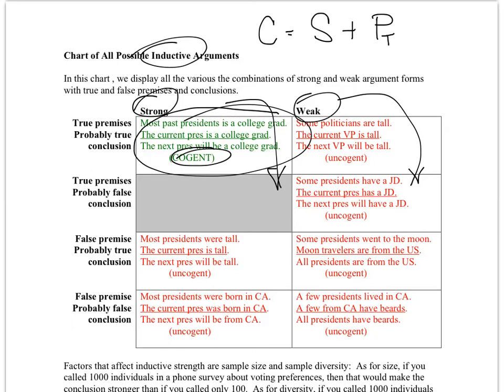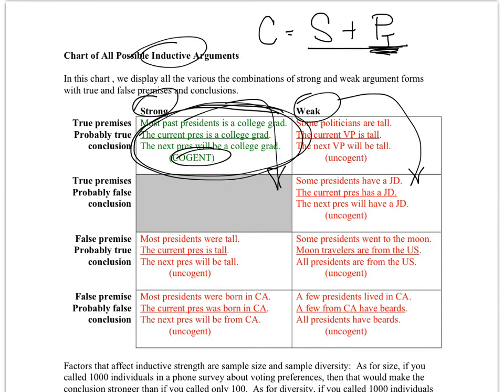But as we saw with all the possible ways of having a deductive argument, there are a lot of ways you can have a bad inductive argument, and only one way you can have a good inductive argument. A good inductive argument, as I said, is one that is cogent. It's got a strong argument structure, and all the information that you're working with in that argument happens to be correct or true.